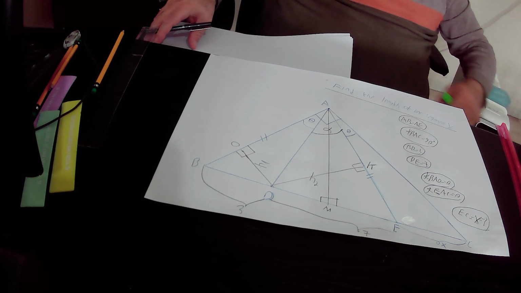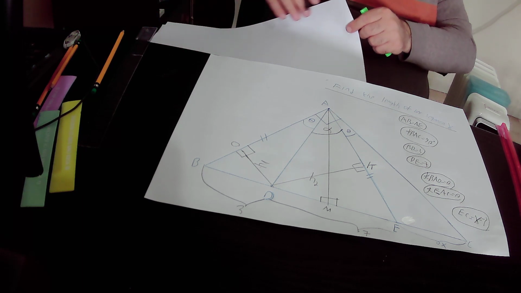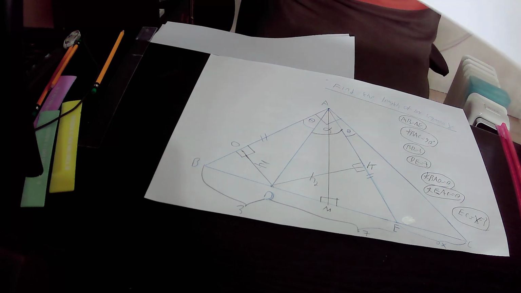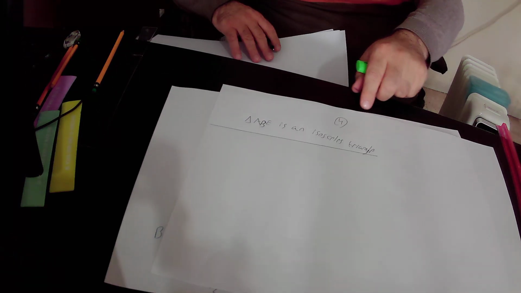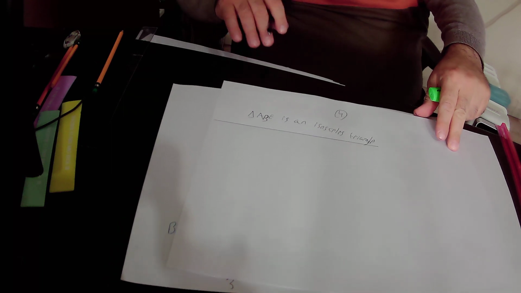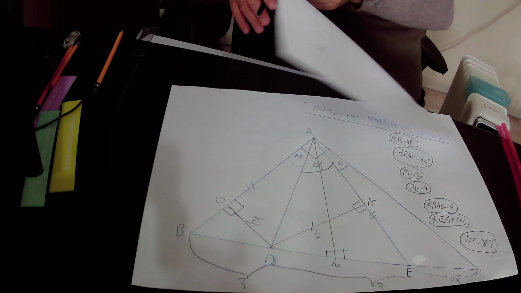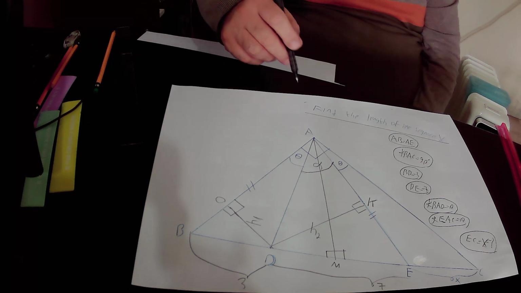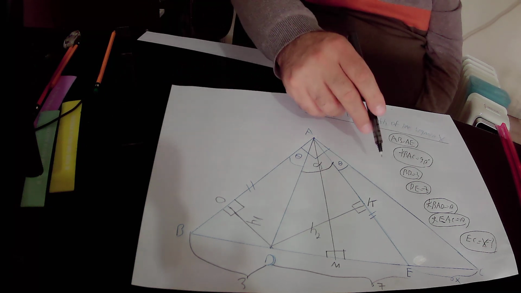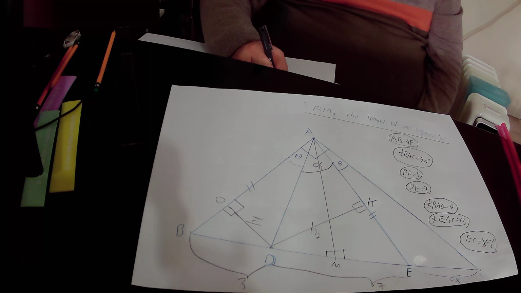I will repeat again. Triangle ABE is an isosceles triangle. And why is triangle ABE an isosceles triangle? Because AB equals AE, according to what is given in the question.